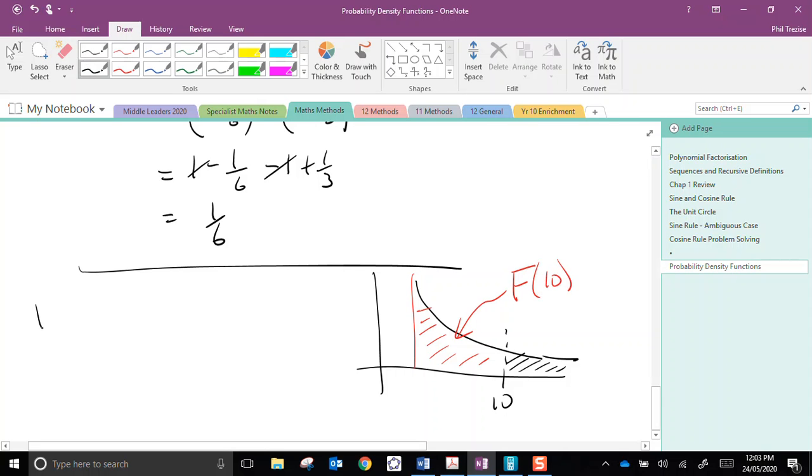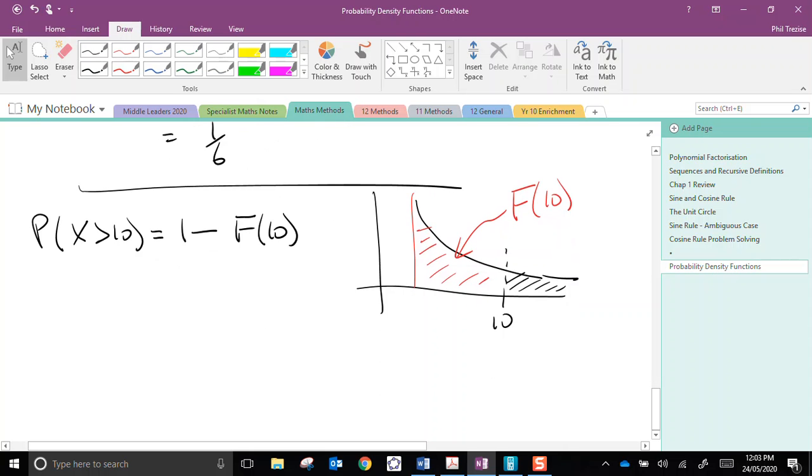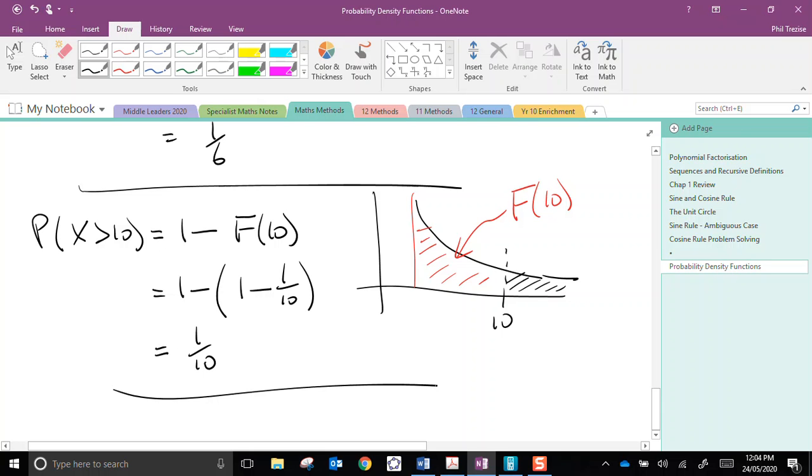So here we go. The probability that x is greater than 10, that's 1 minus the primitive function using 10. Complementary of that. And the primitive function was 1 minus 1 over x. I think you can see that's going to be 1 over 10.